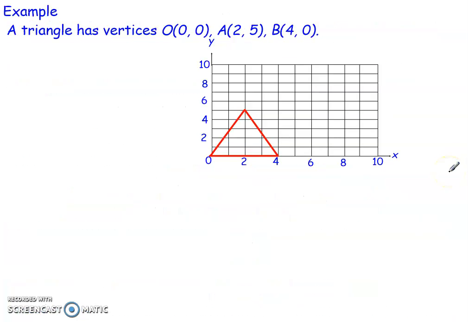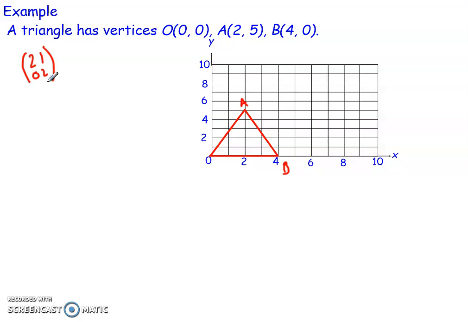So let's start in the most basic of terms. Let's imagine I've got a triangle with vertices at O, which is (0, 0), the point A, given by (2, 5), and the point B, given by (4, 0). Let's imagine I want to investigate the transformation given by that matrix there.